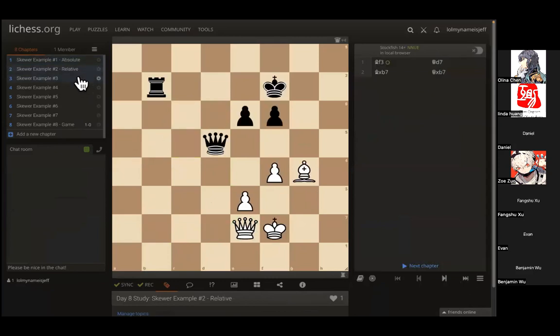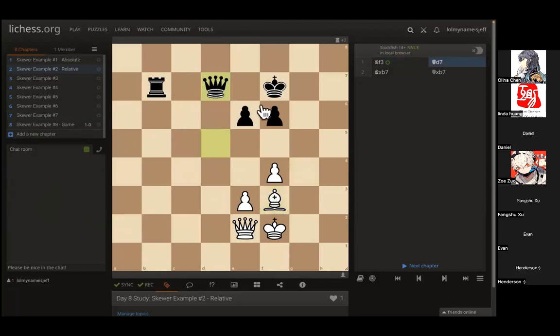I'll try another one. This one here. This is white to move. This is an example of a relative skewer. What should white play? Bishop to f3. Yep, bishop f3 is correct. The idea is we take advantage of the fact that the queen and the rook are on the same diagonal. And obviously we don't want to lose the queen.